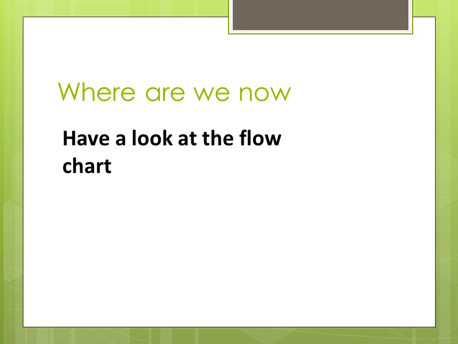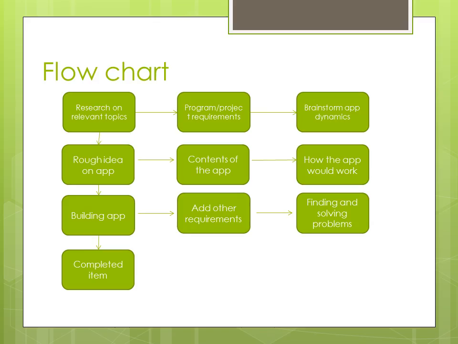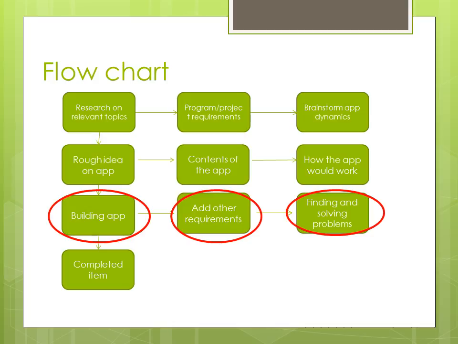Okay, so where are we now? Let's have a look at the flowchart that we have. The flowchart's pretty much the same as the previous two videos and the CTP1 that I've actually done. And where we are now is here.